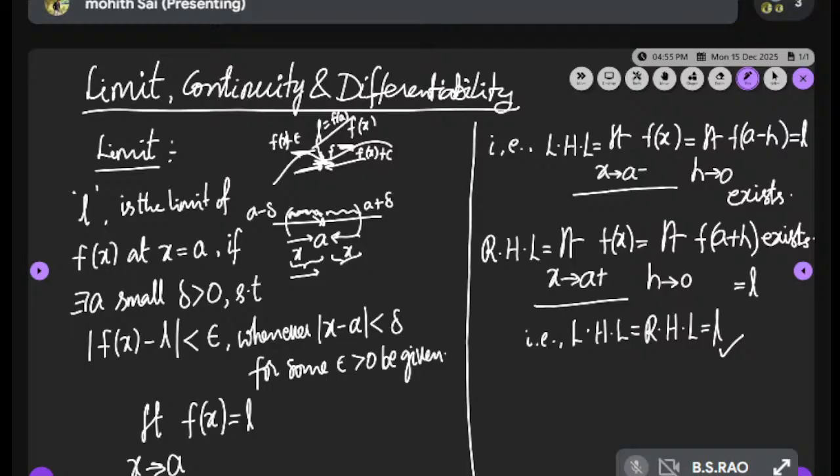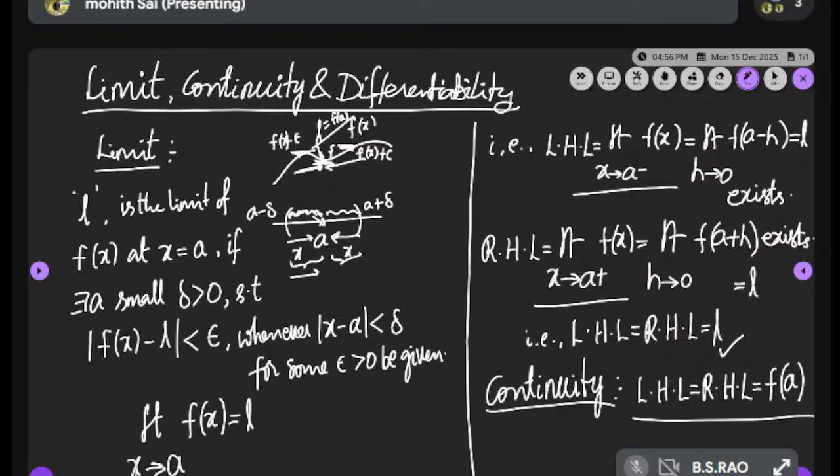A function f of x is said to be continuous at x equals a if left hand limit equals right hand limit equals f of a, the function value at a.